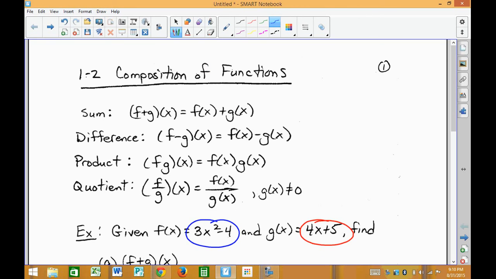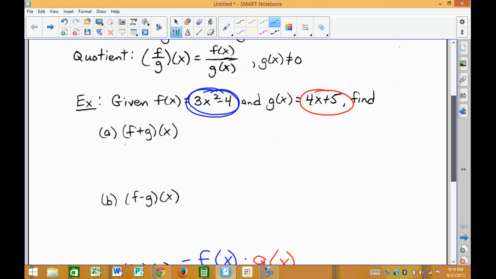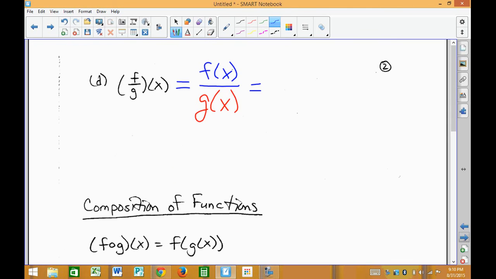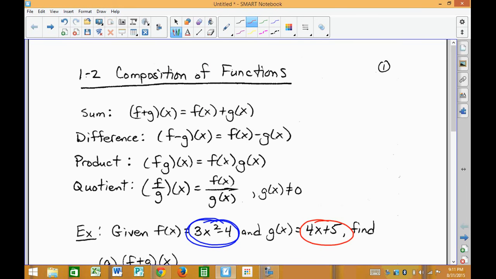So f of x, as you can see down here, is 3x squared minus 4. And g of x, 4x plus 5.